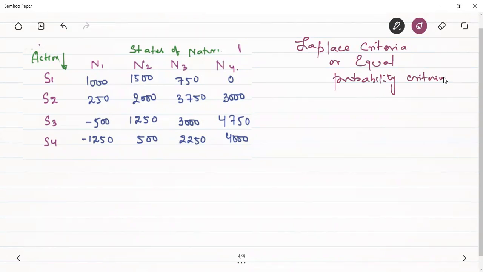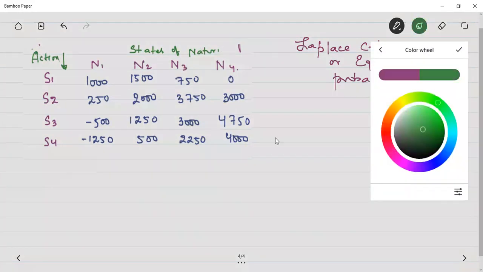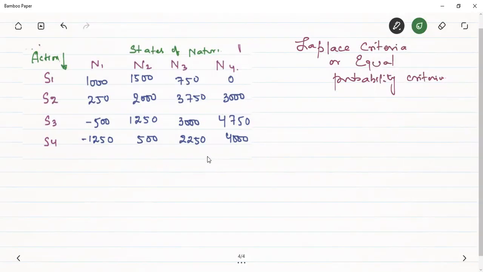And for the minimization problem, we selected the minimum payoff or the minimum average, and for the maximization problem, we selected the maximum payoff. So if we want to write the expected payoffs, in other words, we are giving each state of nature equal probability, that is 1 by 4 in this case, because there are 4 states of nature.